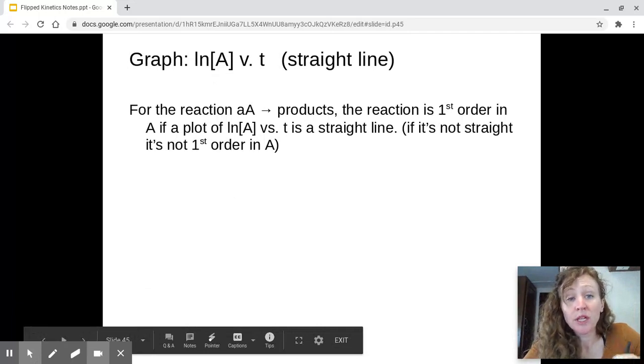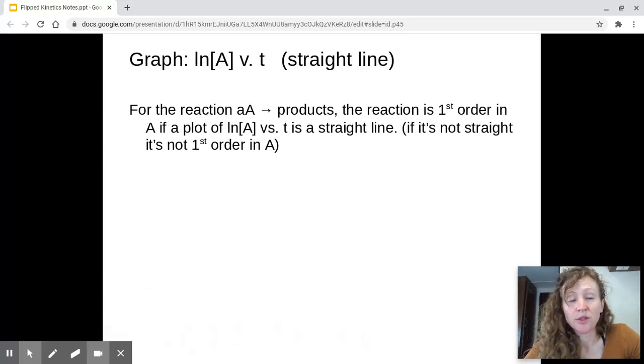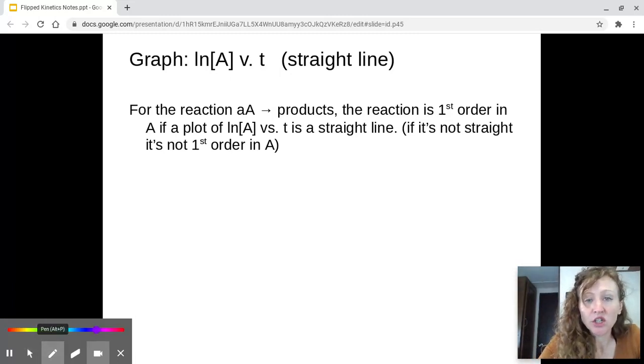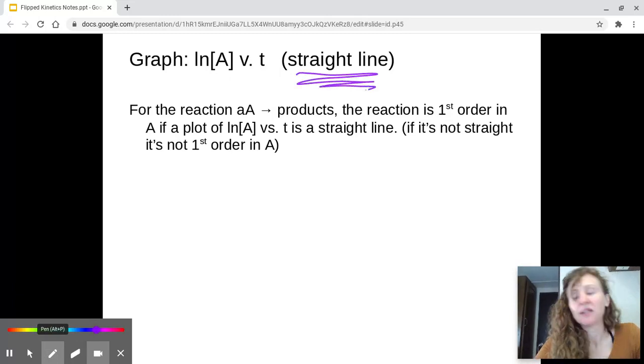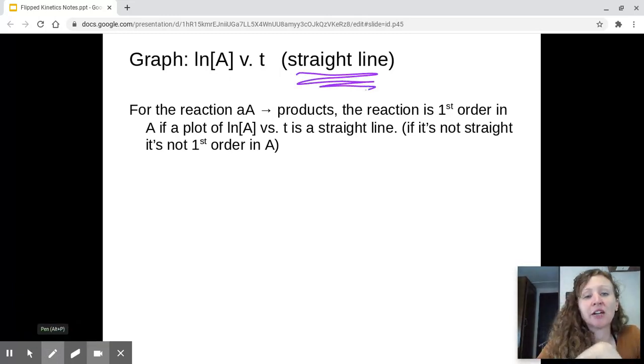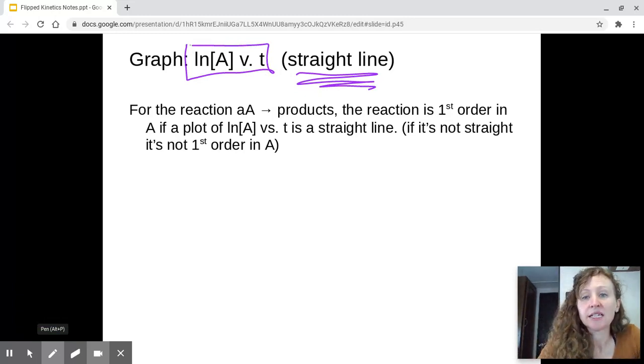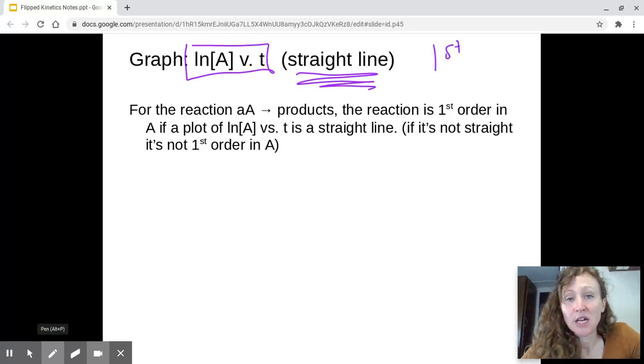Okay, if we were to collect data, time versus concentration, and graph it, we should get a straight line if we graph natural log of A versus time and it's first order. So this is one of the methods we can use to figure out the order of the reaction.